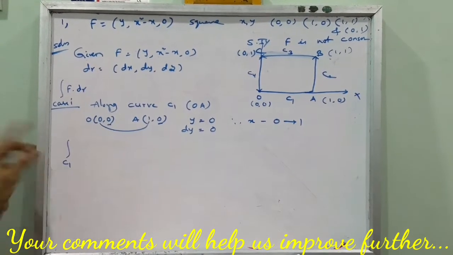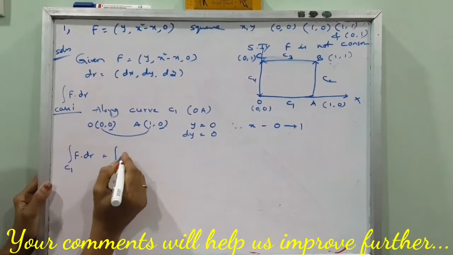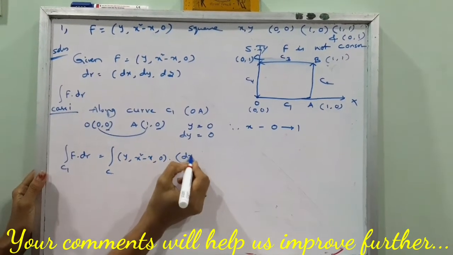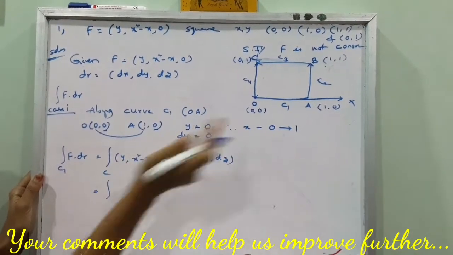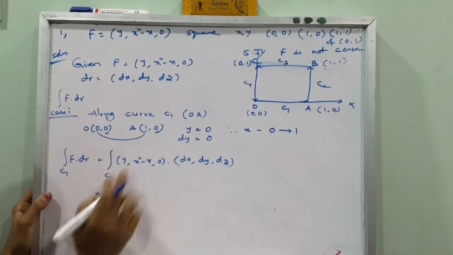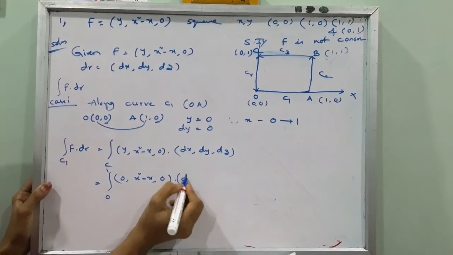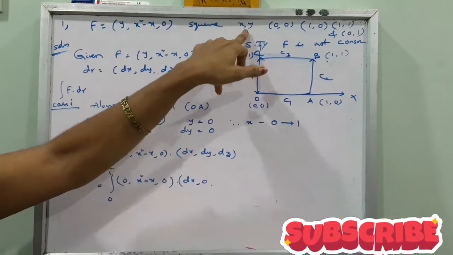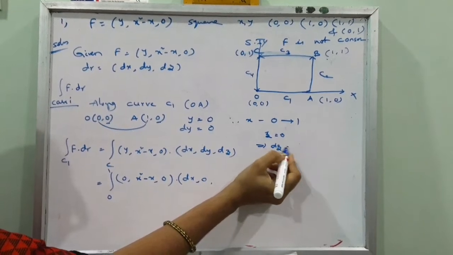Now the integral along curve C1 of F dot dr, where F is (y, x² − x, 0) and dr is (dx, dy, dz), equals the integral with x limits 0 to 1 of (0, x² − x, 0) dot (dx, 0, dz). Since the xy plane is given, z is 0, so dz is also 0.